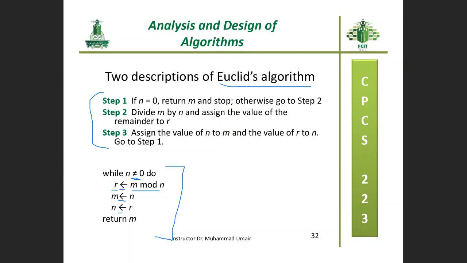Then swap the values: the n value goes to m and the r value goes to n. This process will continue until n becomes 0. So either you can write it recursively or you can write it iteratively in this way. Is that clear? These are just examples to elaborate how you can write an algorithm.